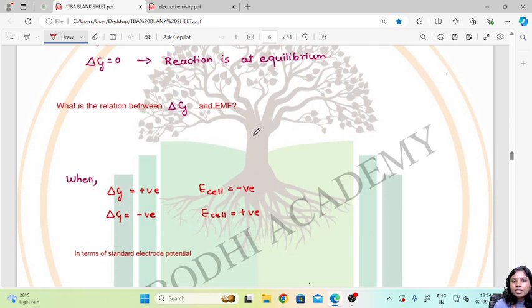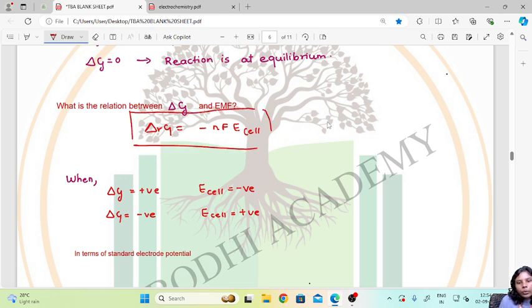Now, if we are discussing all of this, what is the relation between delta G and EMF? So the relation is delta rG equals minus nF E cell. Okay, this is a very important equation to remember.